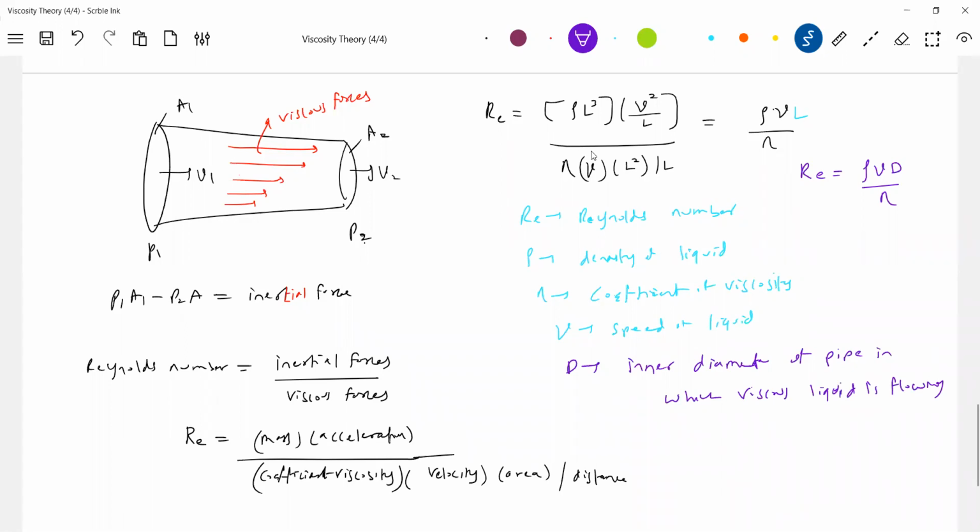Now, based on this Reynolds number, I can say that if the Reynolds number is less than 2000, it is called streamline or laminar flow.